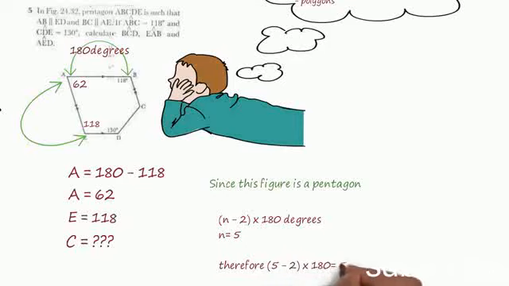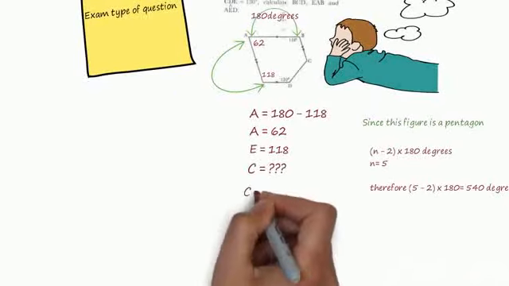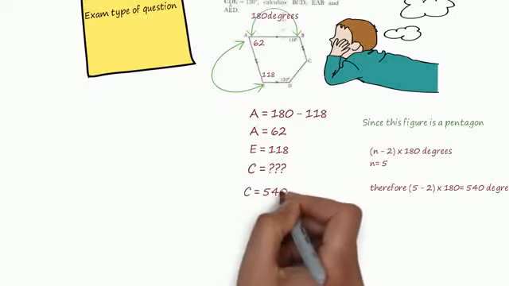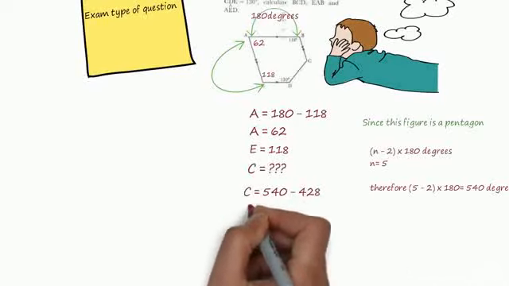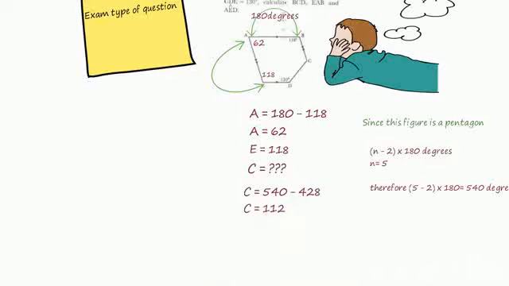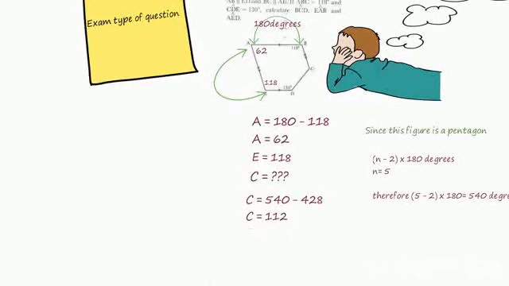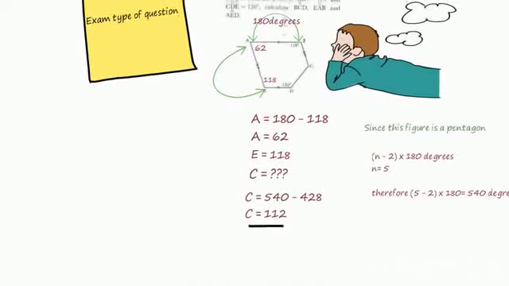That's 540 degrees. Now, we know that that plane figure is 540 degrees. So if we add 62, 118, 118, and D, and subtract it from the total, which is 540, we get 112. So C is 112.